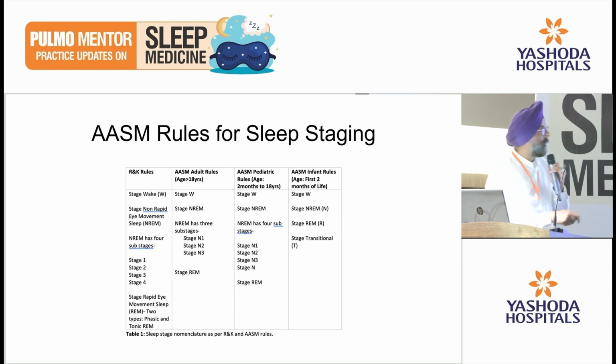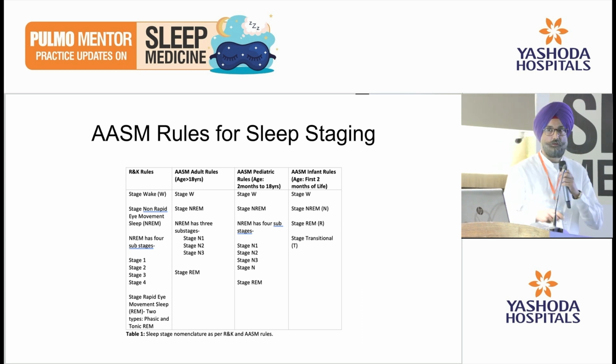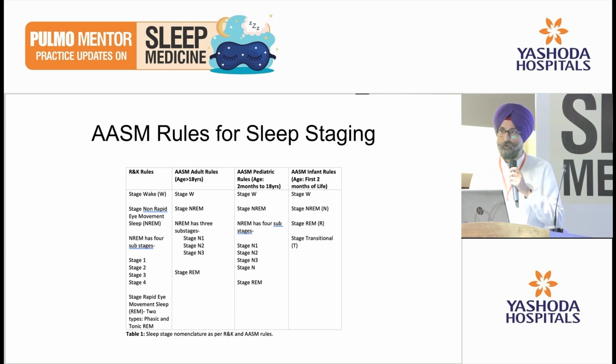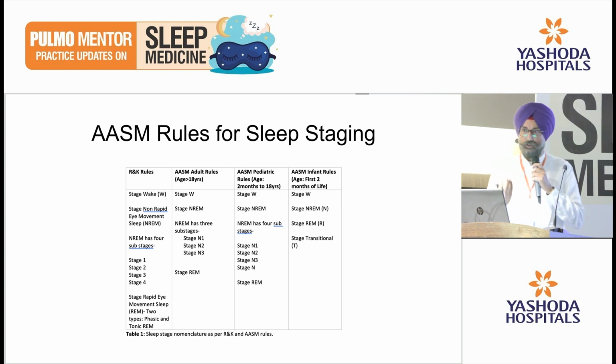In 2007, the American Academy of Sleep Medicine came up with their new manual, much based on Rechtschaffen and Kales rules only. The main difference was in adults, instead of saying non-REM has 4 stages, they said there are 3 stages, N1, N2, N3. They combined 3 and 4 together into N3.